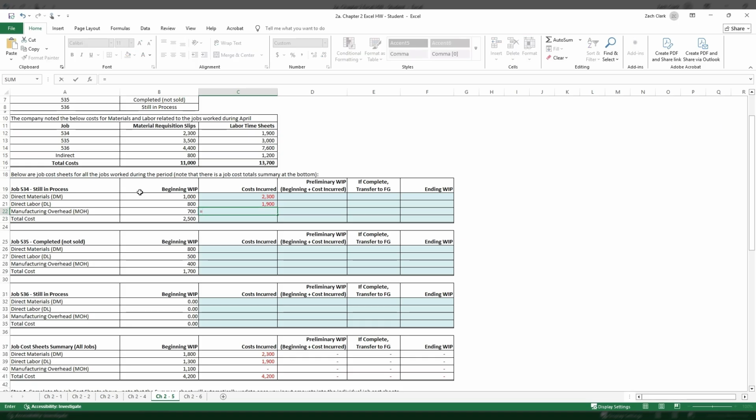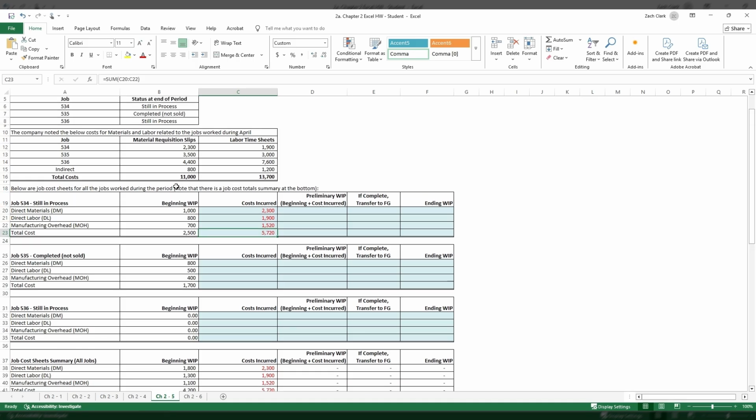So we can just do a formula to say take direct labor costs times 0.8, which is 80%. Or we could write it out if you feel more comfortable doing that, times 80%. And that gives you 1,520 of assigned overhead. And then let's do our auto sum to total those. So $5,720 of new cost went into job 534 during April.